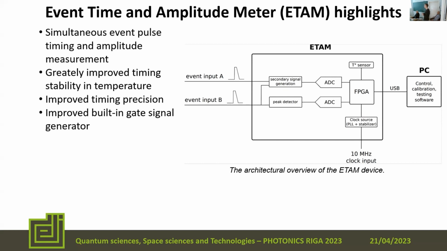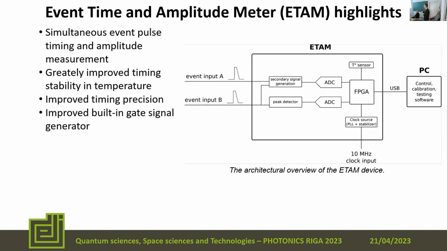It will have higher precision, and as you can see, it has an outer 10 megahertz clock input, and this clock has to be very precise in order for the whole device to be precise. There is an option to use the internal clock as well, but then the precision is not guaranteed.